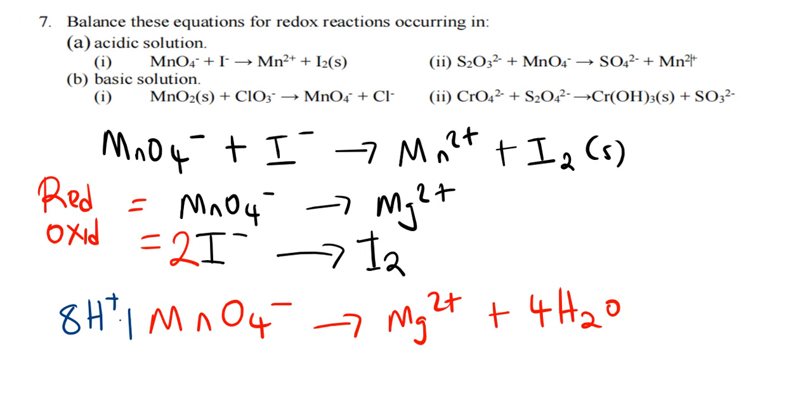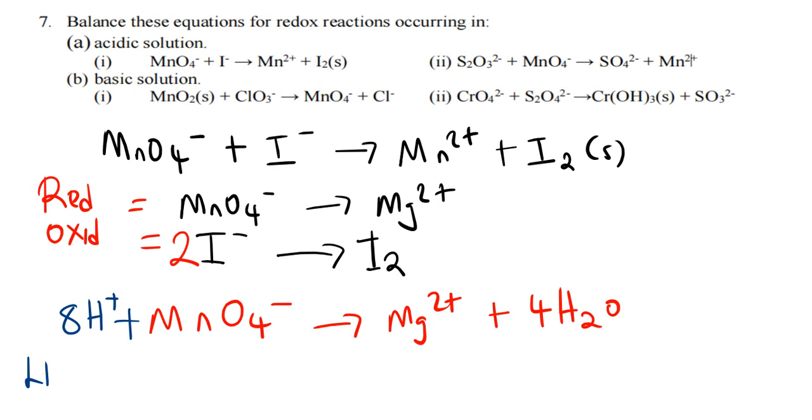Now I think I can also balance the charges in advance. On the left hand side, I've got 8+ and a minus. The overall charge on the left hand side, what am I going to have?